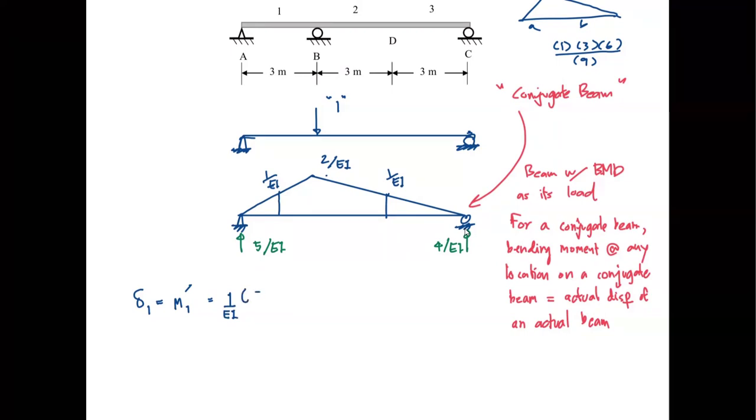So the reaction is 5 multiplied by the moment arm, which is 1.5, correct?